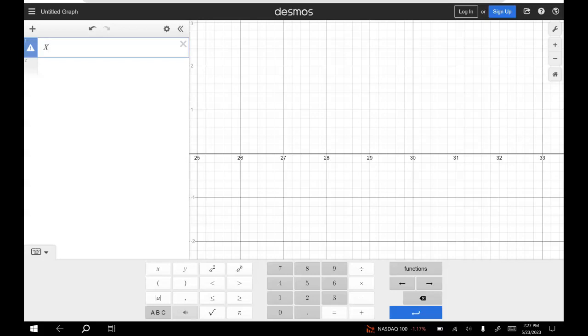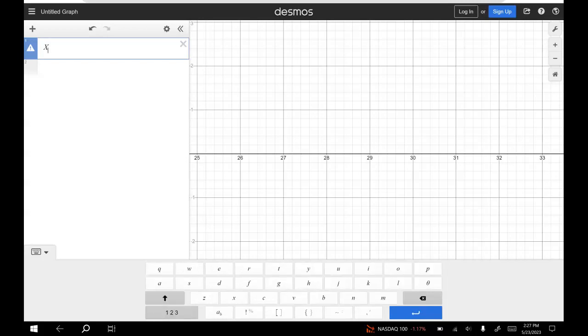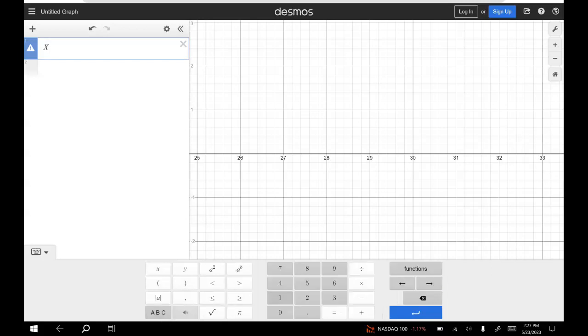Once you hit Shift underscore, you should have a little flashing line below your X, and you just type in 1. Nothing else, no spaces. Then cursor over with the arrow key so the blinking light is back in the middle.